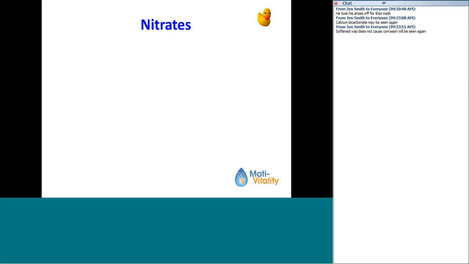Okay, so let me back up here a little bit and explain what we're talking about. When I talk about a strong base anion resin as opposed to a strong acid cation resin, think about this. A cation resin removes cations. It carries a negative charge and removes positively charged ions. So a cation resin removes positively charged ions.